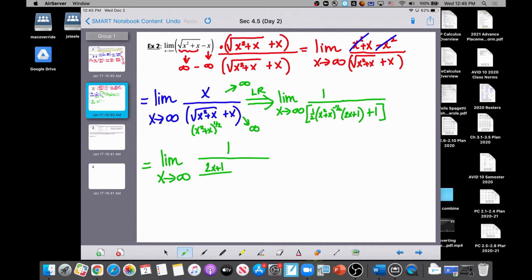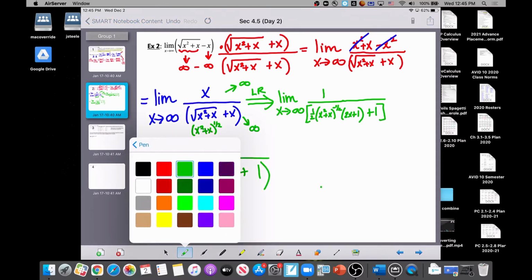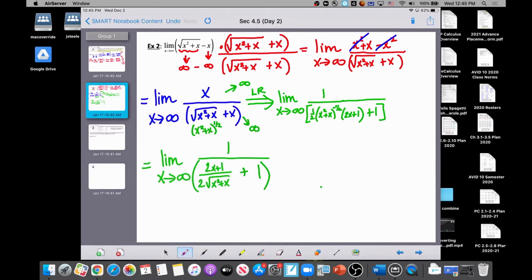And in the bottom, I have the 2 from the 1/2. And then the x squared plus x is to the negative 1/2 power. So underneath the fraction bar, it's going to be the square root of x squared plus x. That's the first term plus 1. And all of that is in my denominator. So now when I check by plugging in infinity, the problem is I still get this infinity over infinity right here.